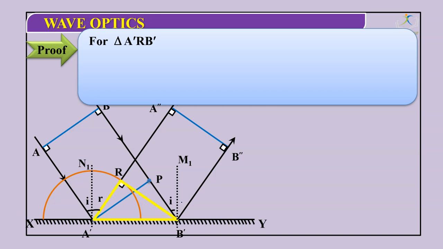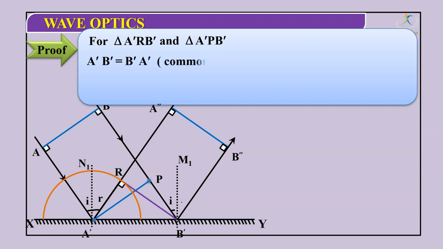So from triangle A'RB' and triangle A'B'P, A'B' is equal to B'A', which is a common side.